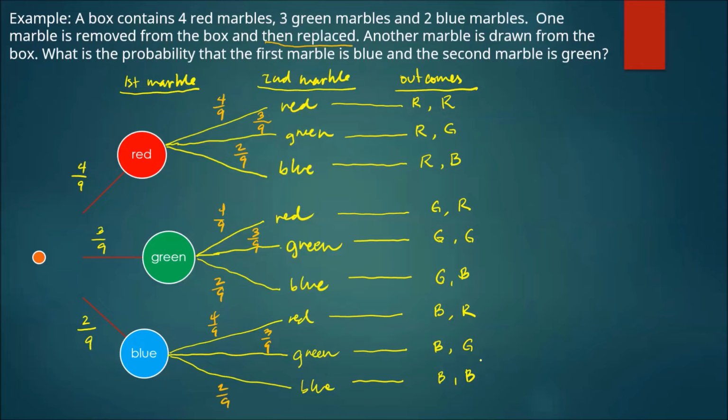Okay, now to work out the probability of a particular outcome, how many outcomes do we have? We have a total of 9 outcomes.